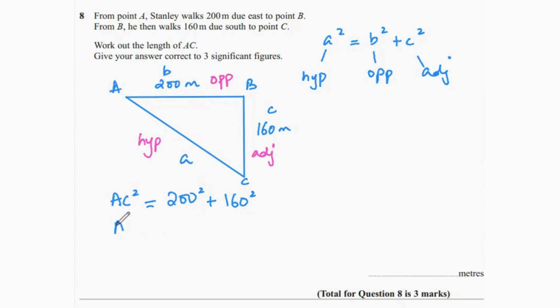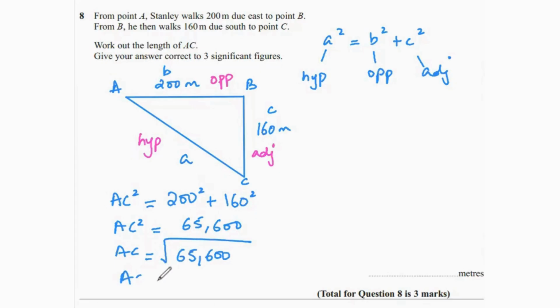So going back to the working, AC squared equals 200 squared plus 160 squared, that's going to give us 65,600. To find AC, we will square root 65,600, which is equal to 256.12 meters.